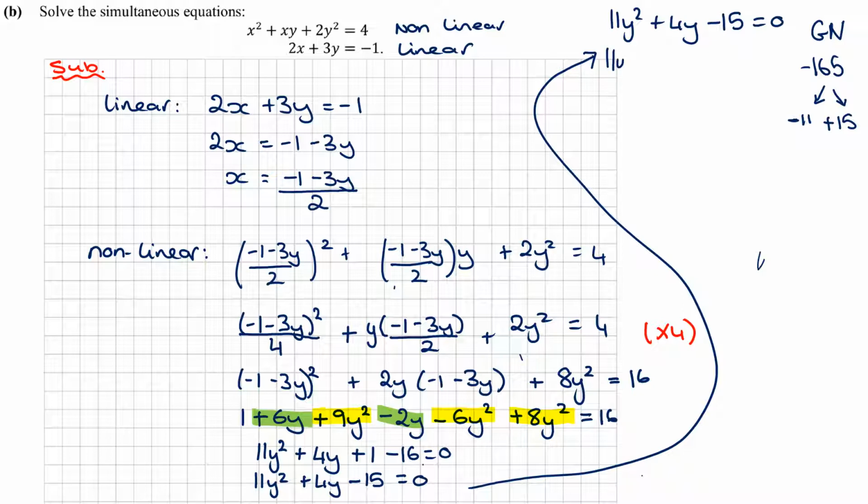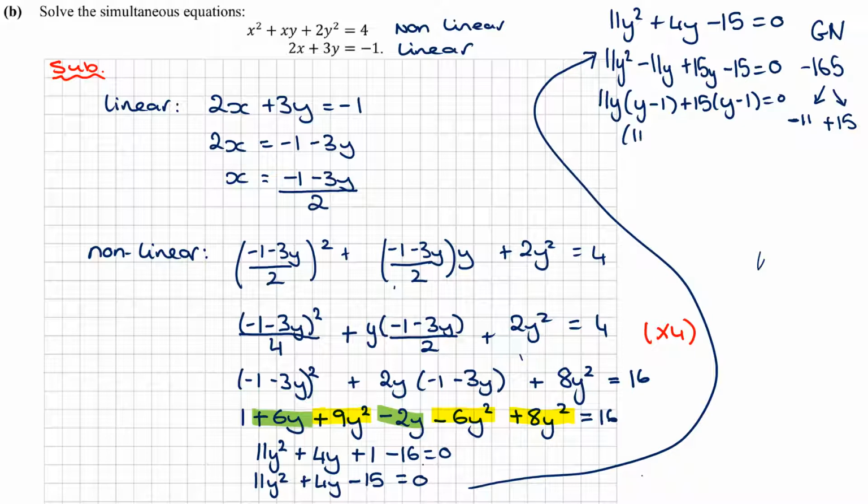So rewriting that, I get 11y squared minus 11y plus 15y minus 15 equals 0. So 11y, I'm going to pull that out, it's common, and I get y minus 1, plus 15, and I get y minus 1 equals 0.